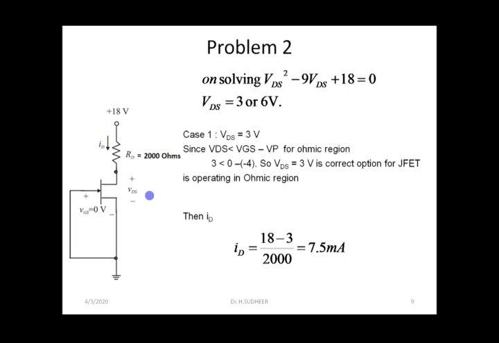The basic steps are: first write down the circuit equation, write down the equation from the characteristics, assuming whether the JFET is in the active region or ohmic region. Once you get the value of VDS, substitute it in the condition and check whether our assumption is correct or wrong. If our assumption is wrong, change the ID equation from the ohmic region to the active region.